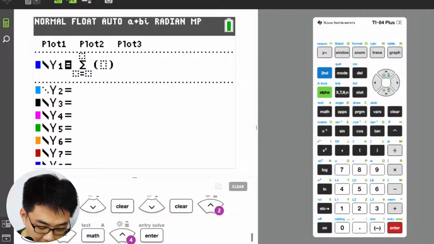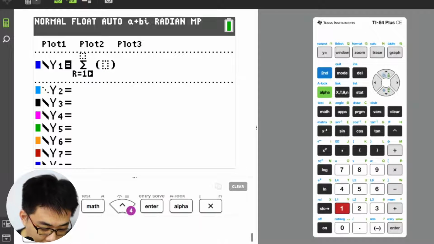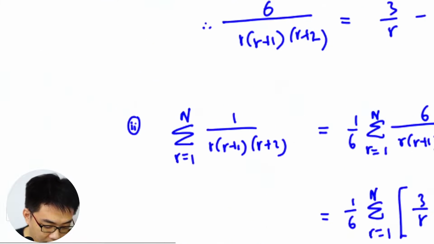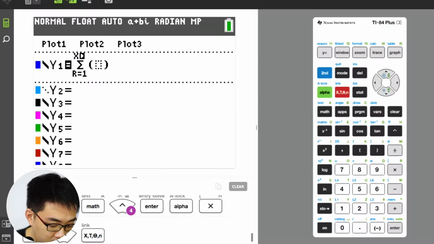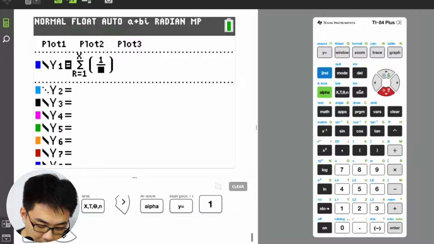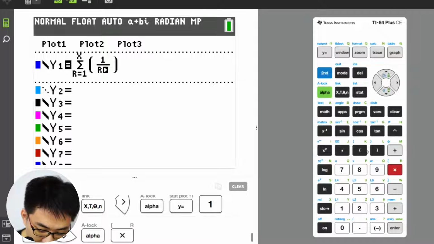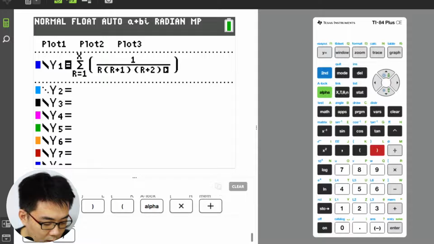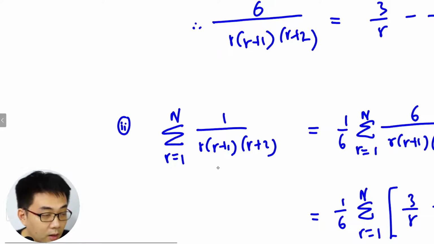So this will be alpha, r equals 1, then the top put x. This is the important part. This is r plus 1. So this will be fraction 1, alpha r plus 1, r plus 2. Okay, so key this into your calculator.